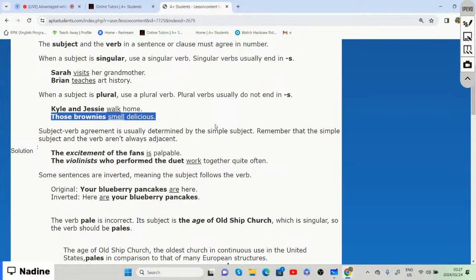And if we look at those two sentences, then some of the sentences are inverted, meaning that the subject follows the verb. All right.